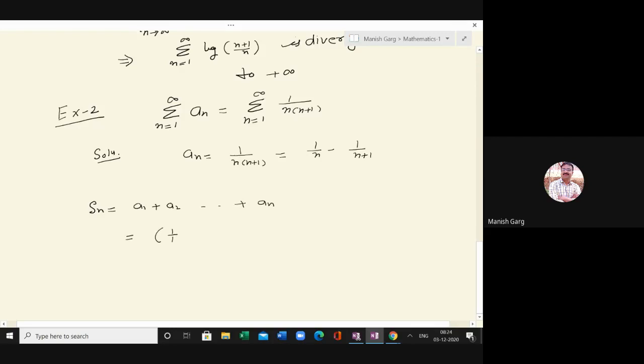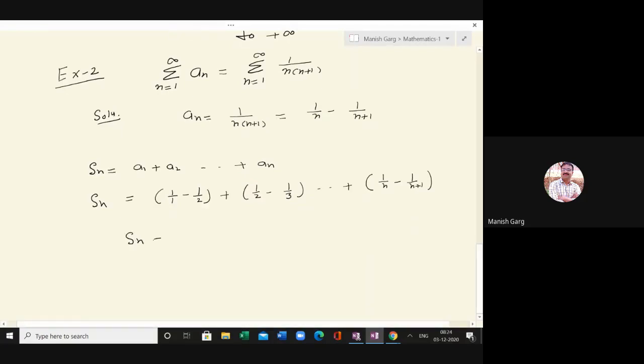This is 1 by 1 minus 1 by 2 plus 1 by 2 minus 1 by 3 plus up to 1 by n minus 1 by n plus 1. So the first term cancels out, and Sn will be 1 minus 1 upon n plus 1.